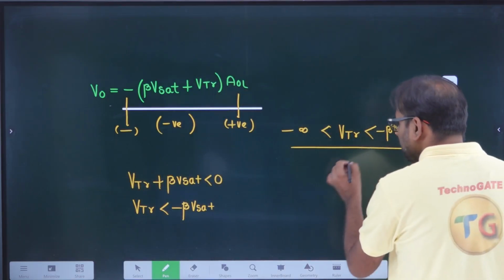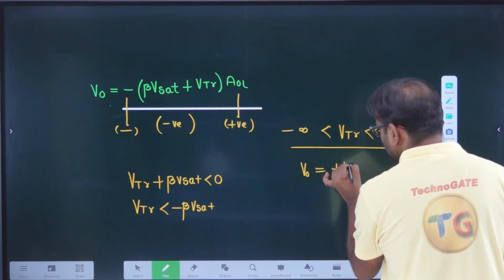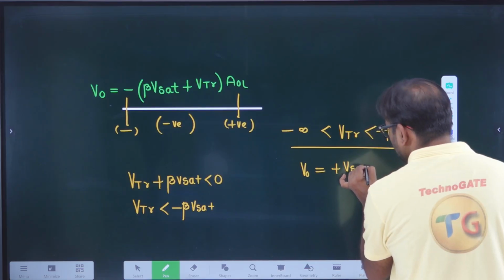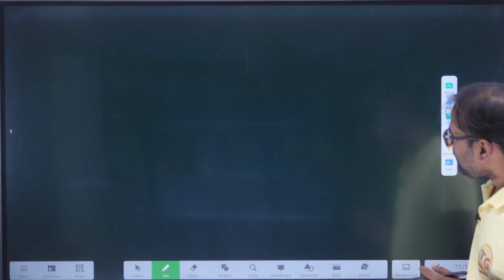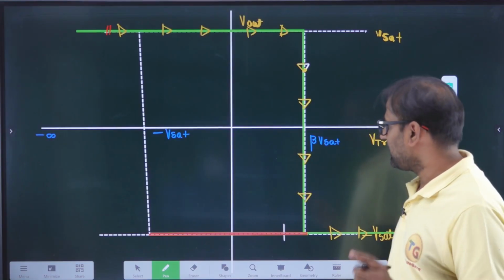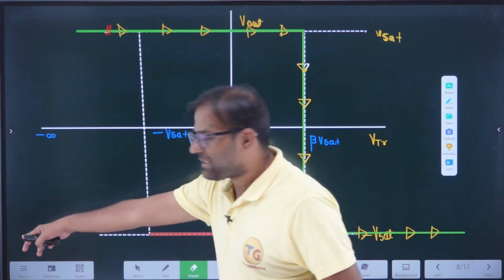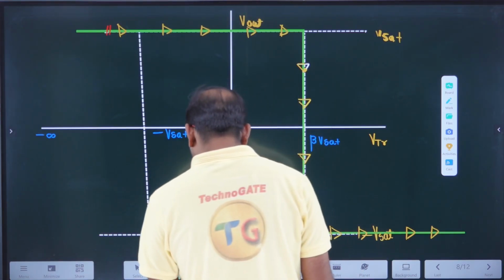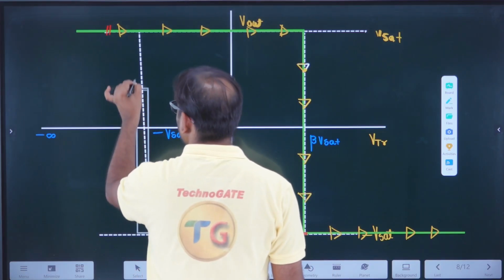So in this range, what is the output of the system? Plus V saturation. So can I say from minus infinite to minus beta into V saturation, your output will stay at this limit. So let me draw the curve.